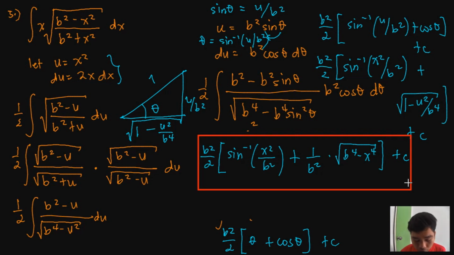Sine inverse of x squared over b squared and plus. Okay, so this part, I actually had a mistake here, but I don't know if I have corrected it. But it seems okay now. Okay, it's fine, I already corrected it. Because plus 1/2, because when we distribute this b squared here, the b squared will cancel out. So, only 1/2 will remain. So, the 1/2 is right, and then b to the 4th minus x to the 4th plus c. Okay, so, that's correct. And, I think we're done with that.